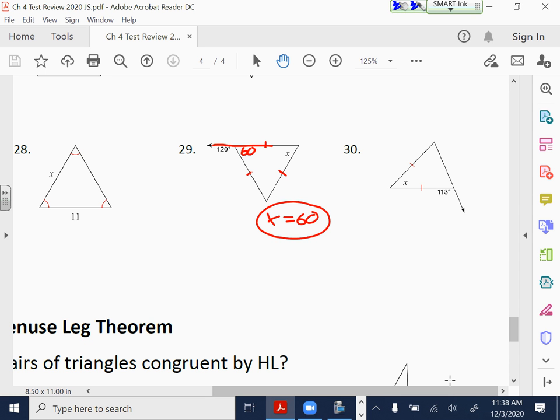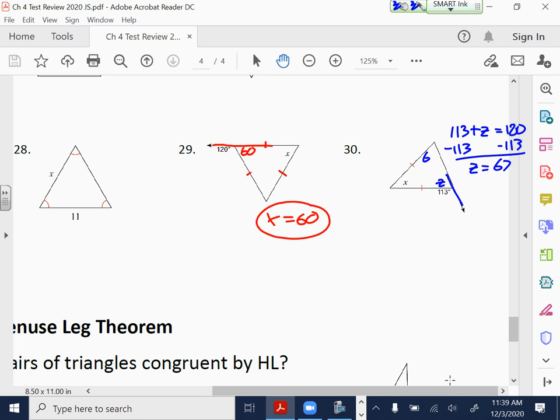So this one, you do have to see that it's a linear pair. So 113 plus whatever this angle is. You can call it question mark or z or whatever you want to call it. Or you don't have to call it anything. So that ends up being 67 degrees.